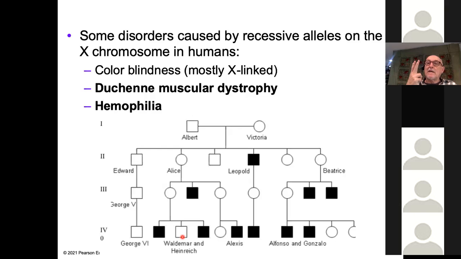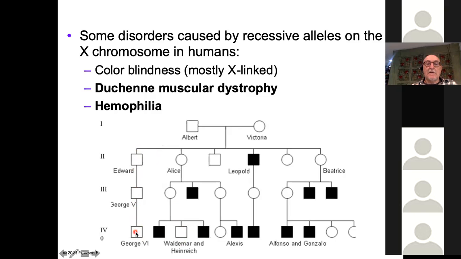Their males have a chance of inheriting 1 of the 2 X chromosomes from the female. They may just be lucky enough to inherit the normal X chromosome. These guys here did not. They inherited the X chromosome with the recessive allele. And just to finish the story, this here is the current royal family line.